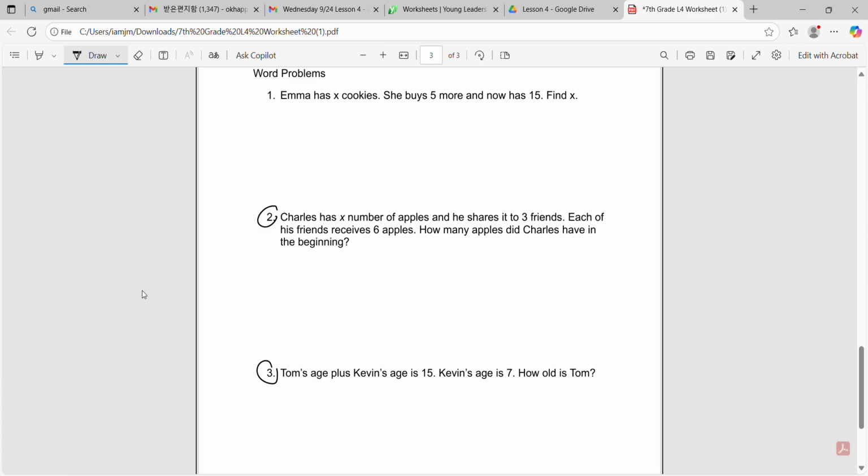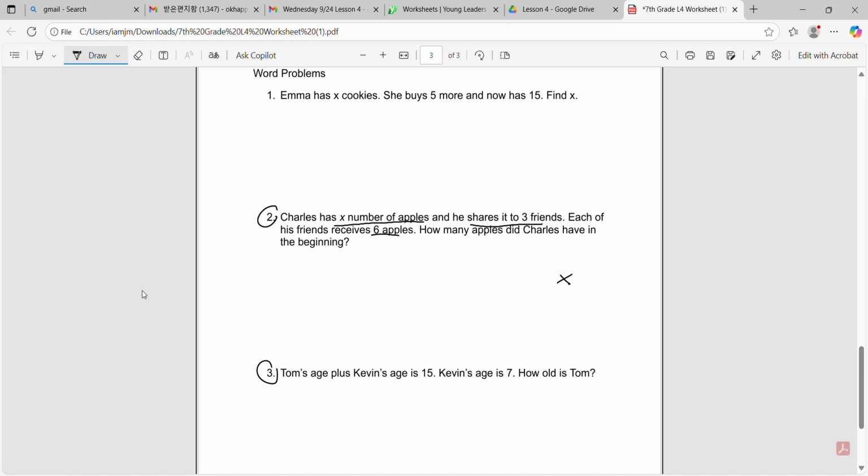Later on, it will be good practice to go over the questions that we have skipped over, so that you get a firm understanding of variables. Okay, Charlie has an X number of apples, and he shares it with 3 friends. Each of his friends receives 6 apples. How many apples did Charles have in the beginning?